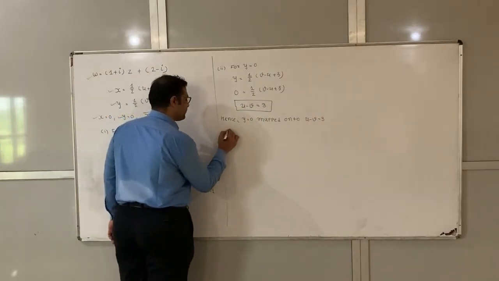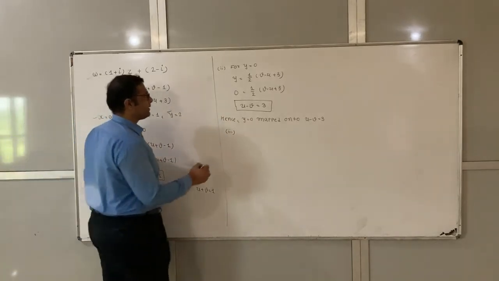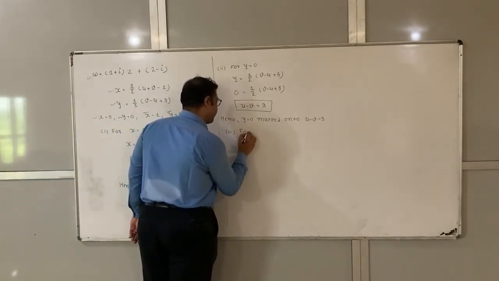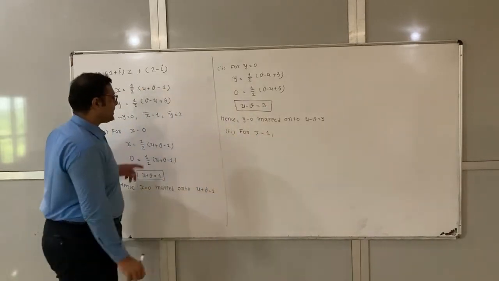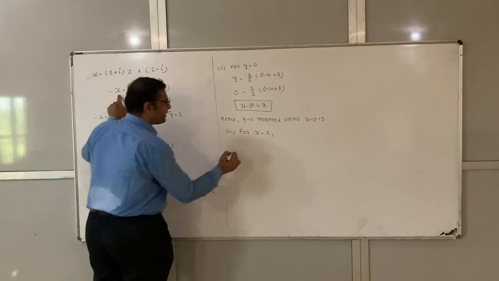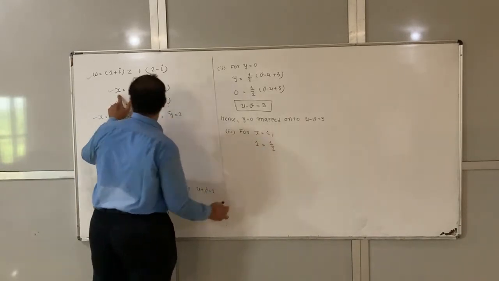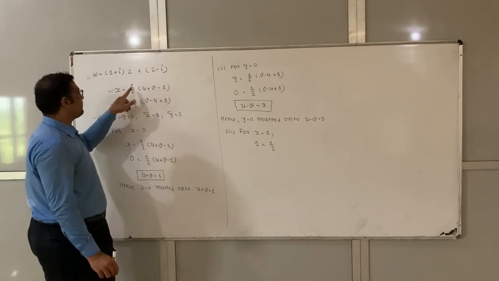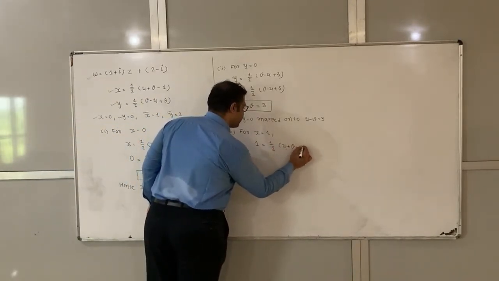Let us take the third equation, x is equal to 1. Now put x is equal to 1 in this equation, so 1 is equal to 1 upon 2 times u plus v minus 1.